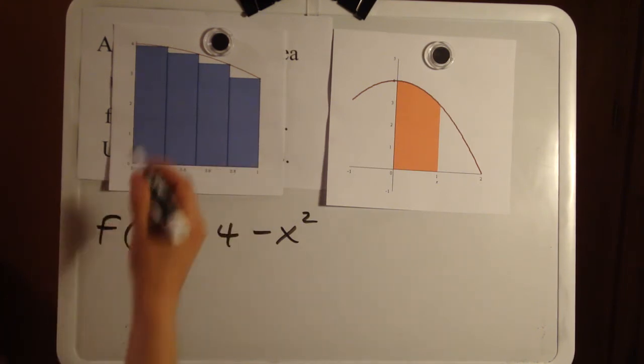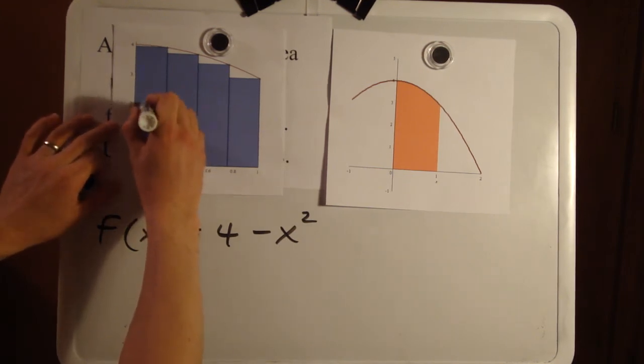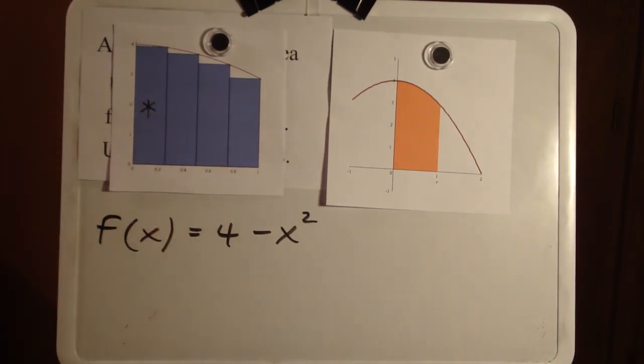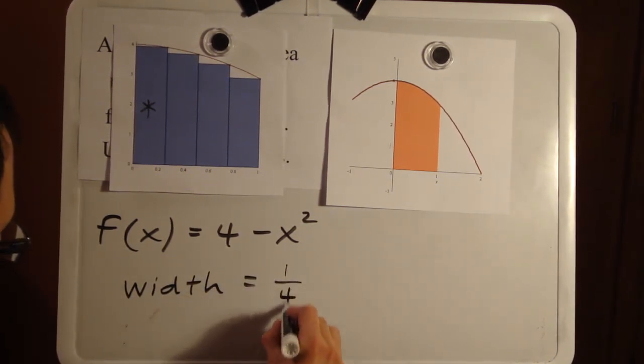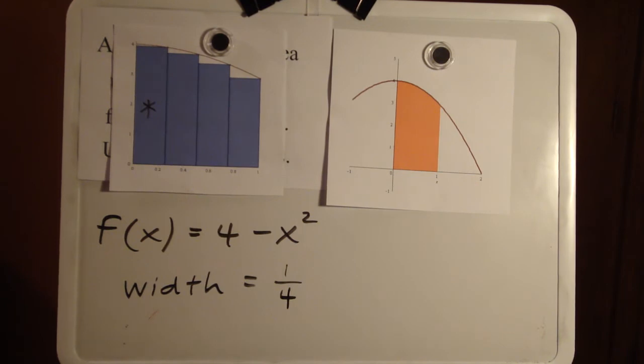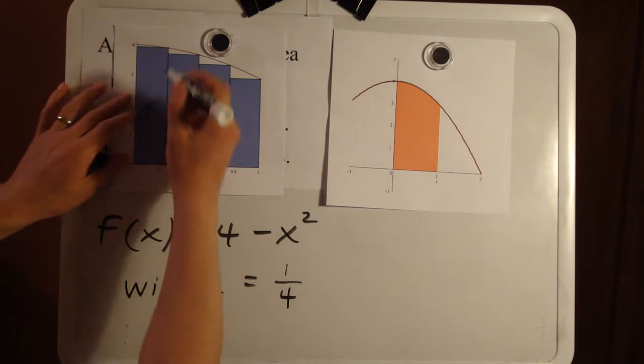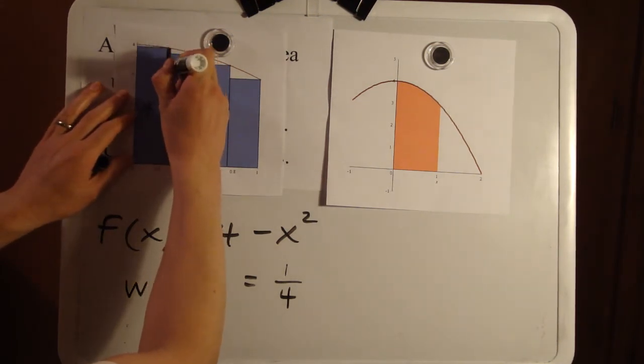So if I focus in on this first one, the width of this rectangle will be 1/4. So we get 1/4 there. But then the height of this, what you would have to do is look at the upper right hand corner, and I'll try to highlight this in color so you can see it.